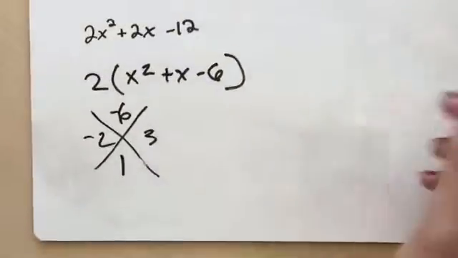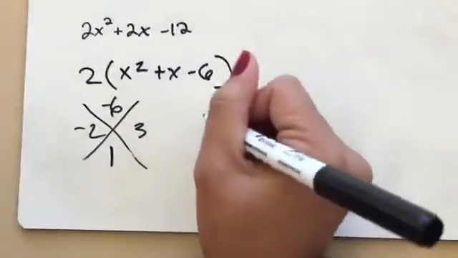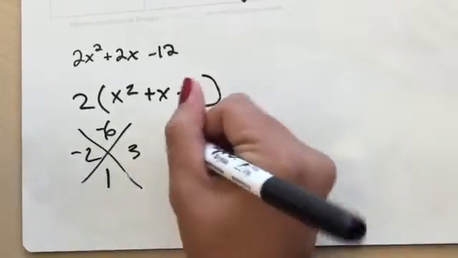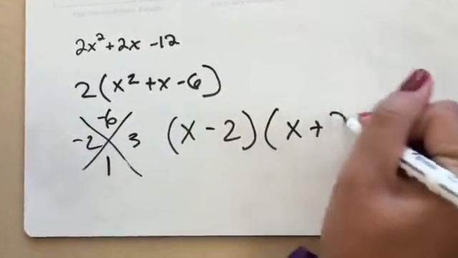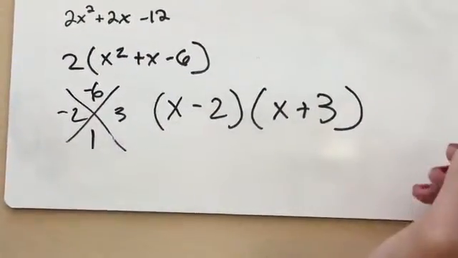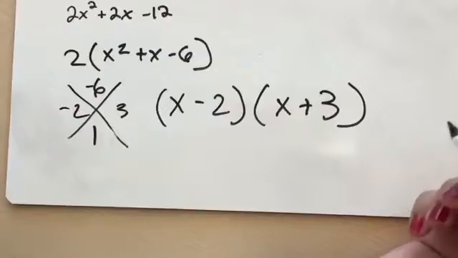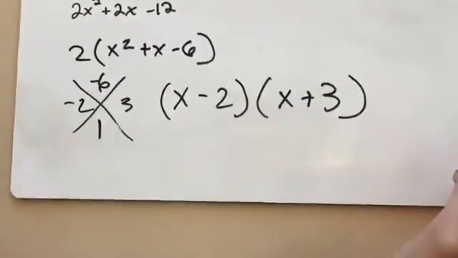Using the diamond method, you will get x minus 2 and x plus 3, because negative 2 plus 3 equals 1, which will give you your positive x.